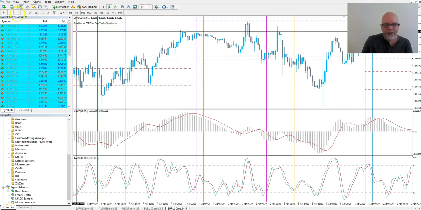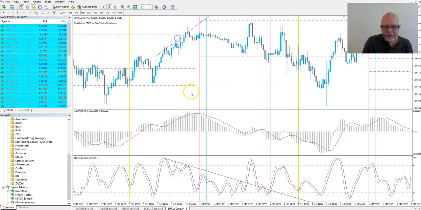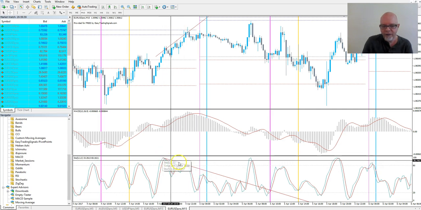And one quick thing I want to show you in that regard is this, which is called divergence. You'll see if I draw these little lines, using the trend line indicator over here, okay, that's not perfect, but I'm just going to leave it like that for now. You can see that we have higher and higher levels here, but with the stochastic we have lower and lower highs.